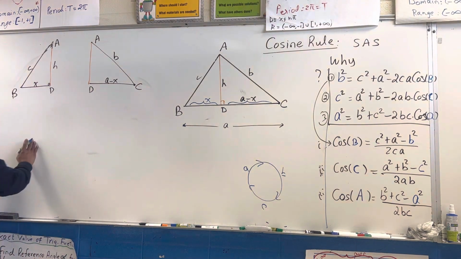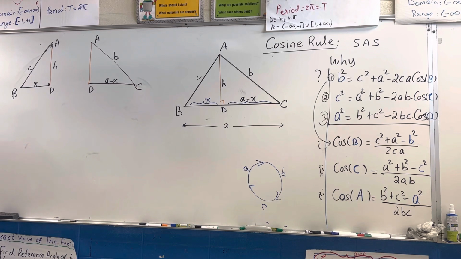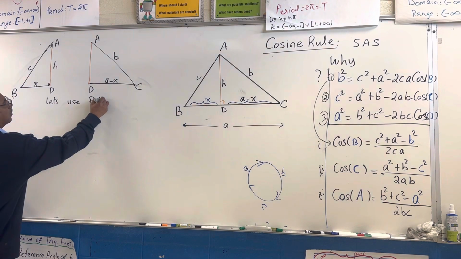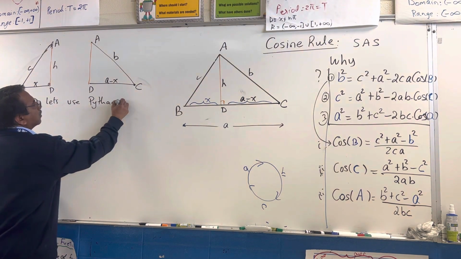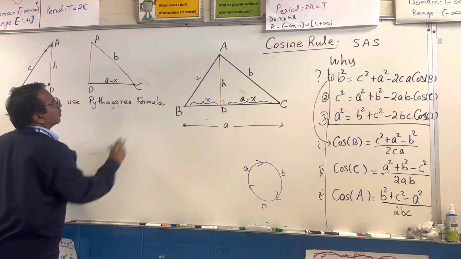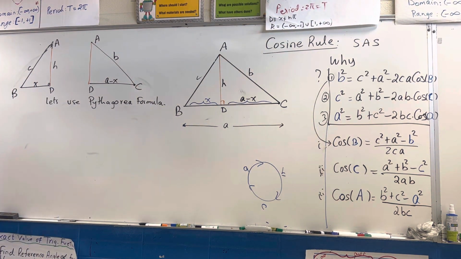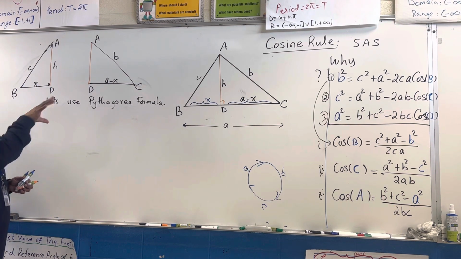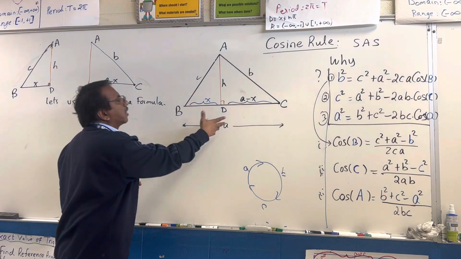And I'm going to use the Pythagorean formula for both. So what did I do? I split the triangle into two parts. Actually, you're not supposed to draw this extra. I'm just doing extra, which gets too much stuff in one place, confusing.